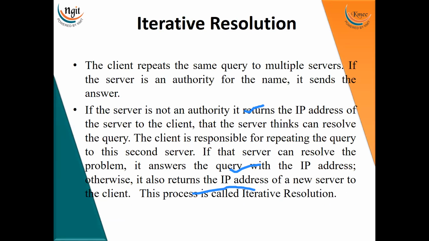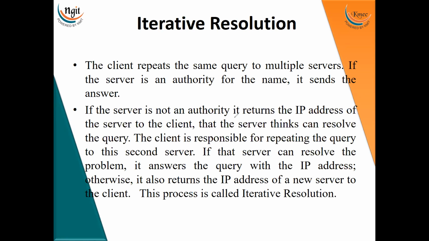Now, what is meant by iterative resolution? In iterative resolution, the client repeats the same query to multiple servers. If the server is the authority for the name, it sends the answer.